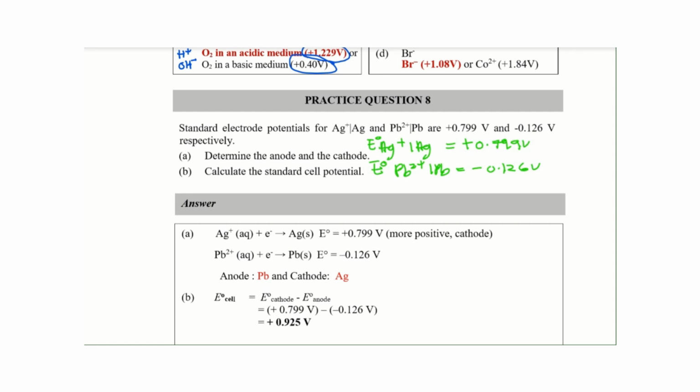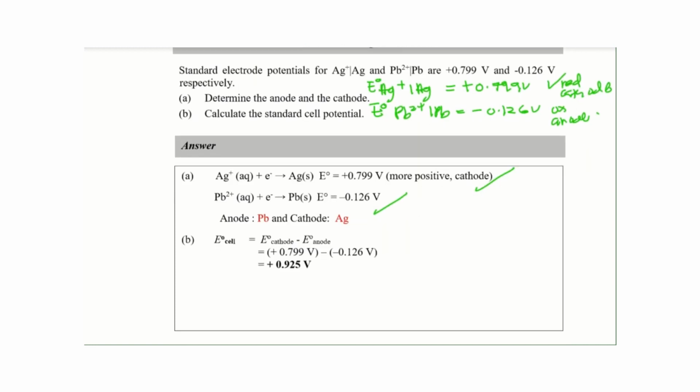Alright. So from both E0 values, we have to compare which substance has the more positive value. The answer is silver. So that means silver undergoes reduction at the cathode, and plumbum undergoes oxidation at the anode. The answer is anode plumbum, cathode silver. B, calculate the standard cell potential.